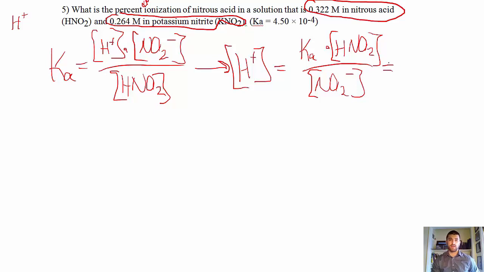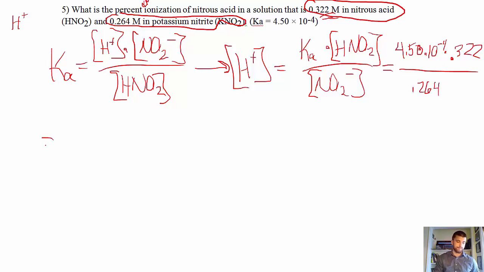Ka, the 4.50 times 10 to the minus 4 times the nitrous acid, which is this 0.322, all over the potassium nitrite, which is the 0.264. And I get 5.49 times 10 to the minus 4 for my H plus concentration.